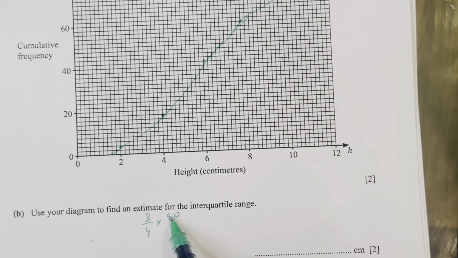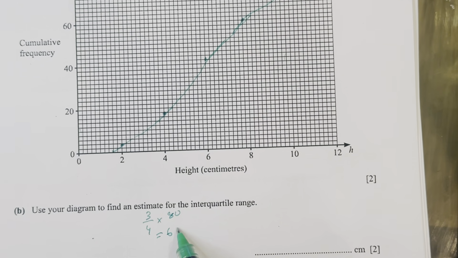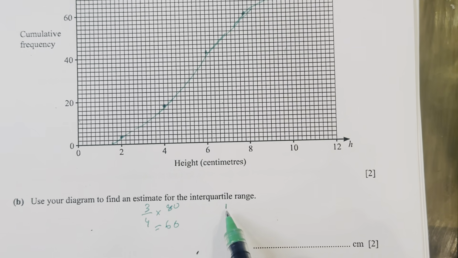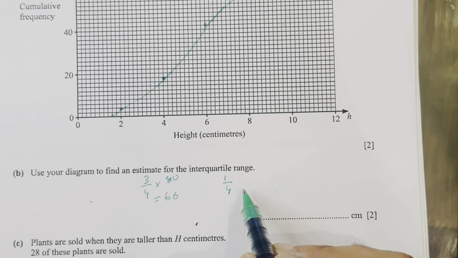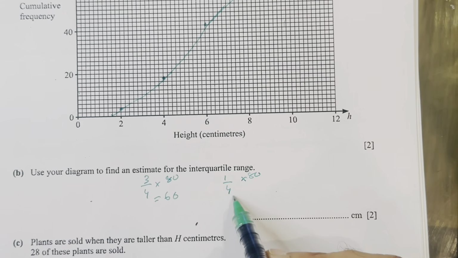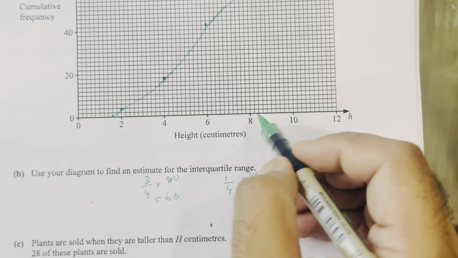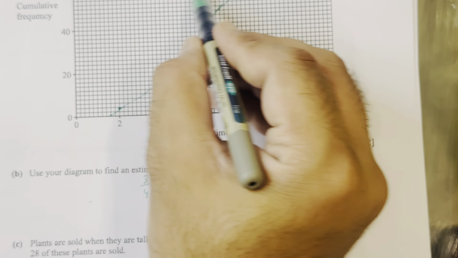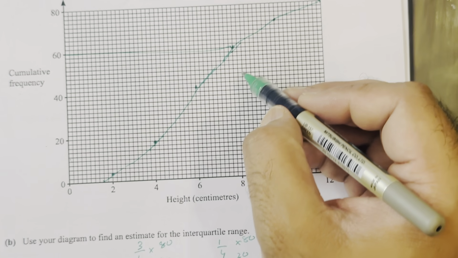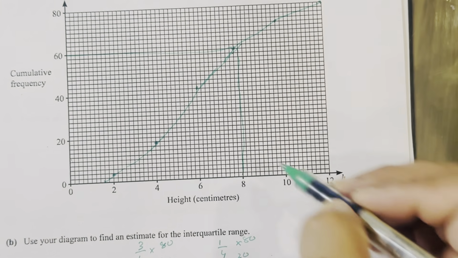So we multiply 3 by 4 by 80, and the answer is 60. For the lower quartile, 1 by 4 multiplied by 80, the answer is 20. We already plotted it. For 60, the value is 8.